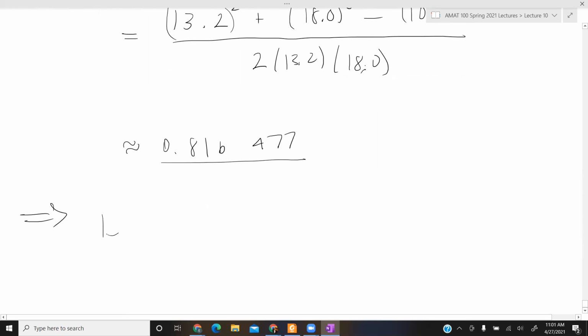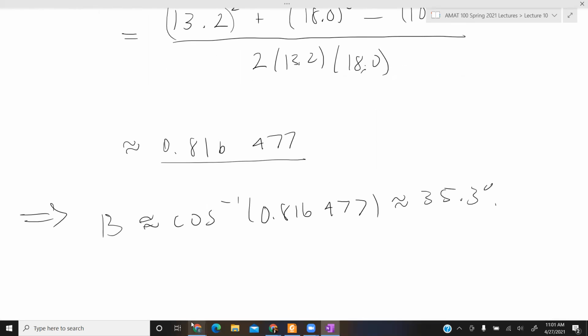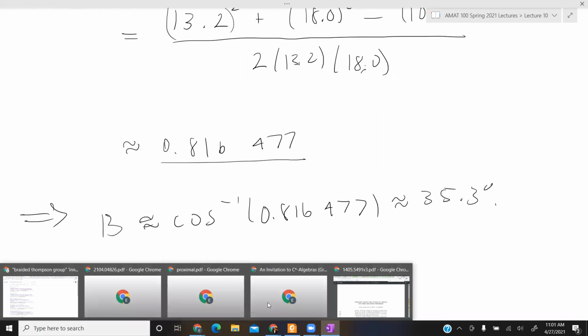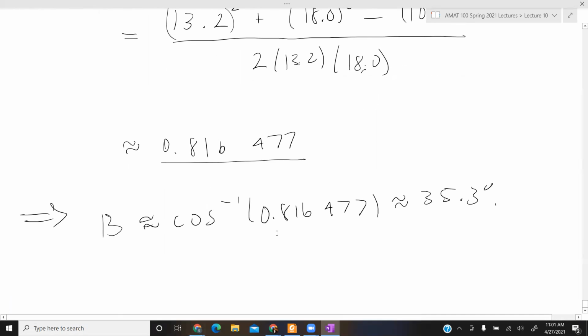If you take cosine inverse of 0.816477, you get approximately 35.3 degrees. And you can go through a similar procedure to find angle C.